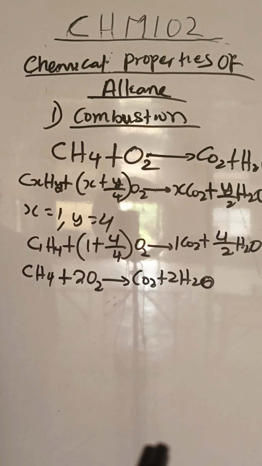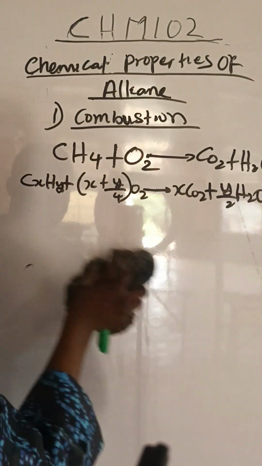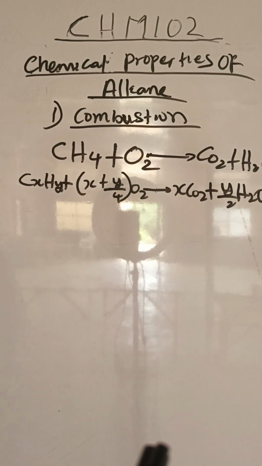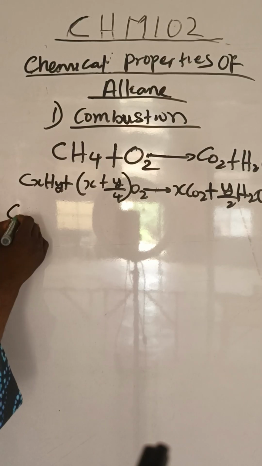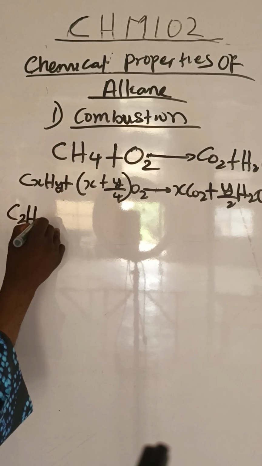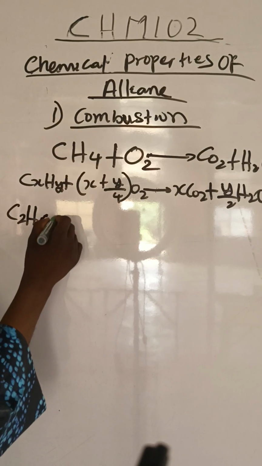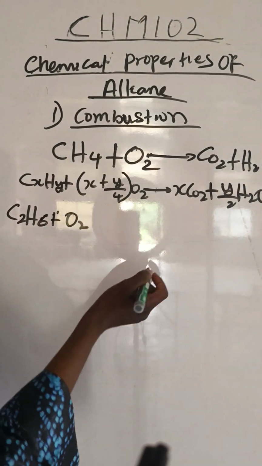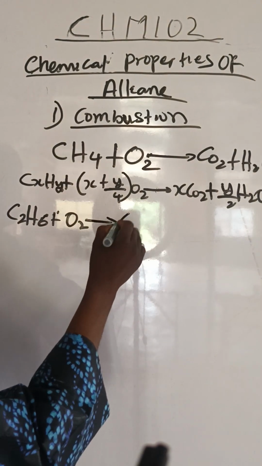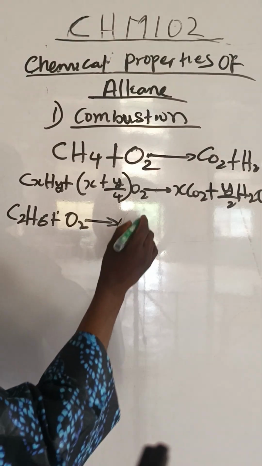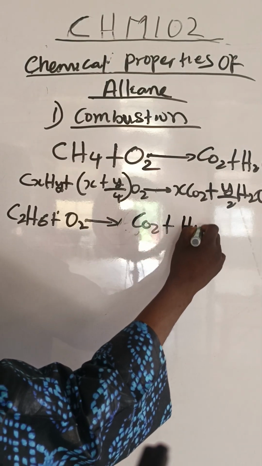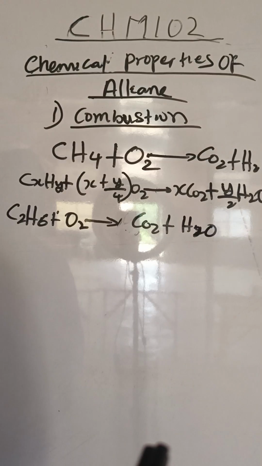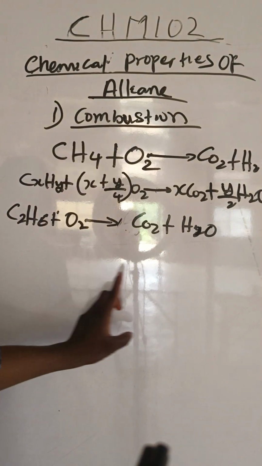So if I want to do ethane, I want to write the combustion reaction for ethane. Ethane contains 2 carbon. That will be C2H6 plus oxygen gas. I used excess of oxygen, then what will it give us? It will give me CO2 plus H2O. Now, you can see that the reaction is not balanced.